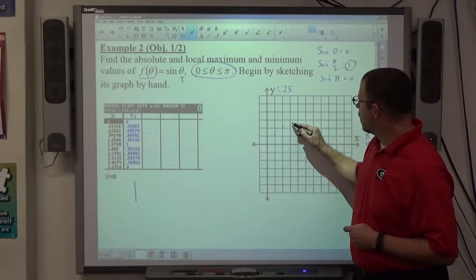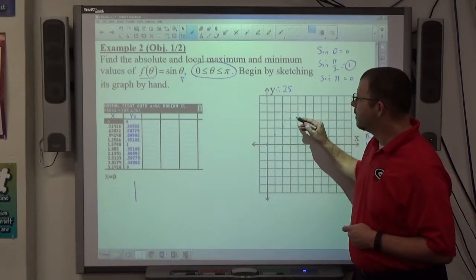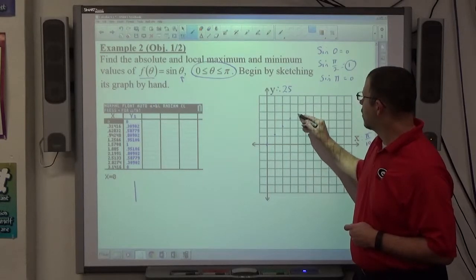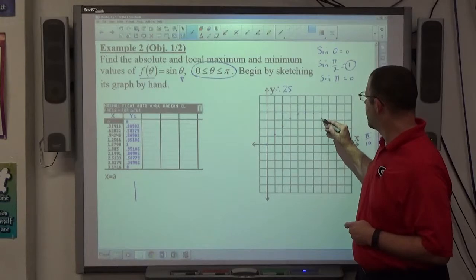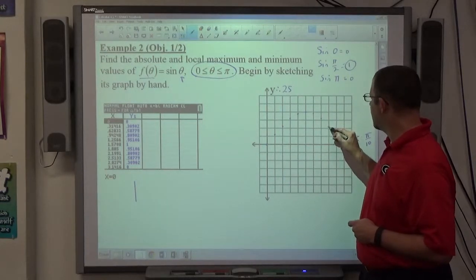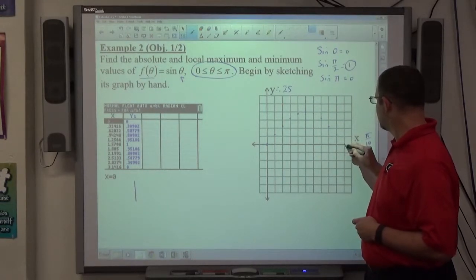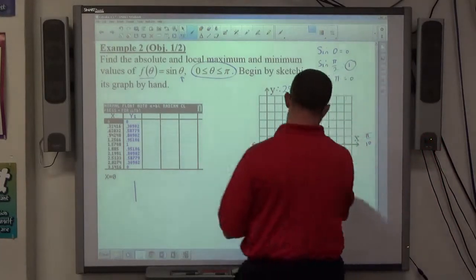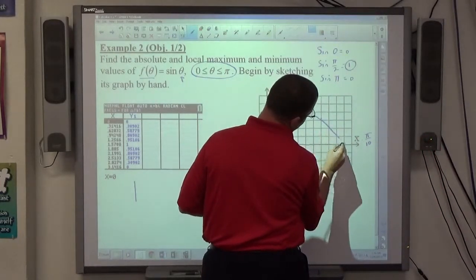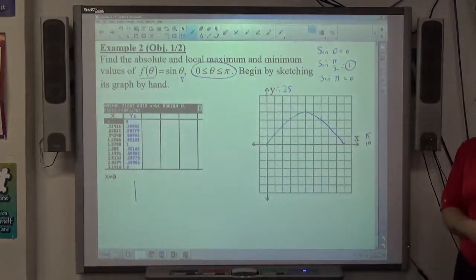Then 0.81, which is a little bit over 0.75. Then 0.95, which is almost 1. Then we get 1, then we're at 0.95, 0.81, 0.59, 0.31, and 0. Just like that, we get all these points, and we get this nice sine graph, like so.